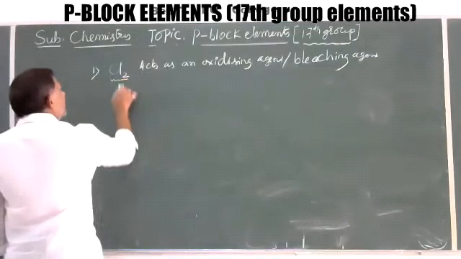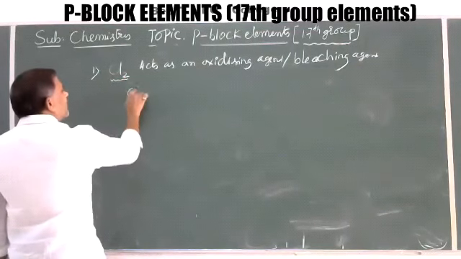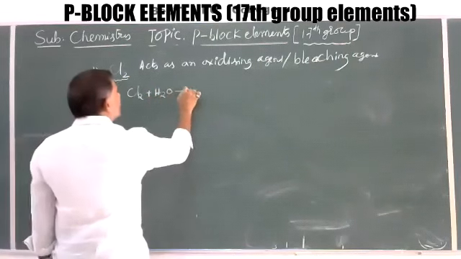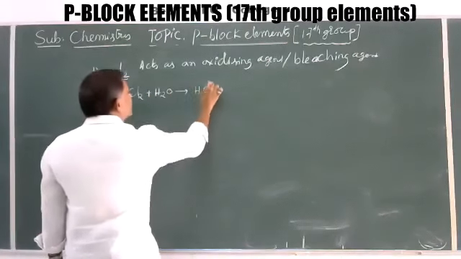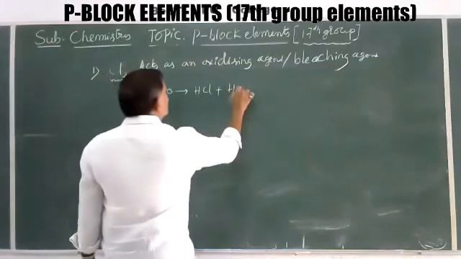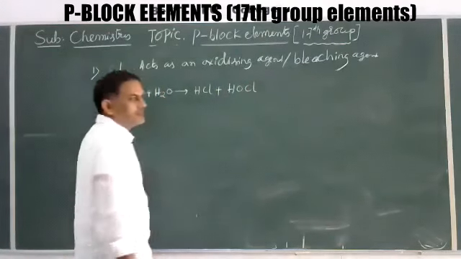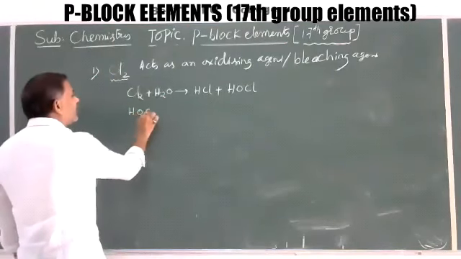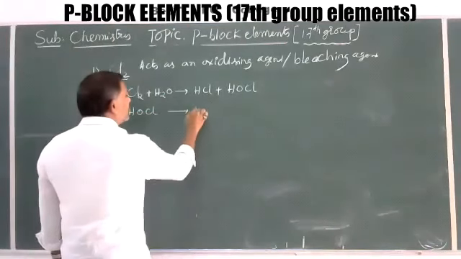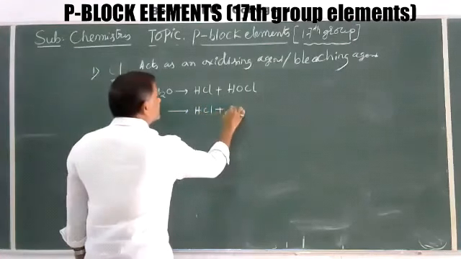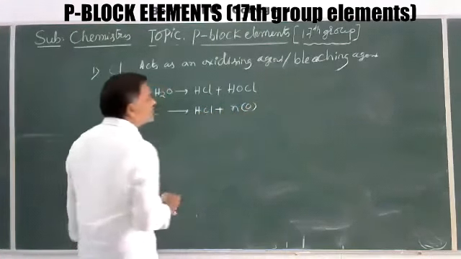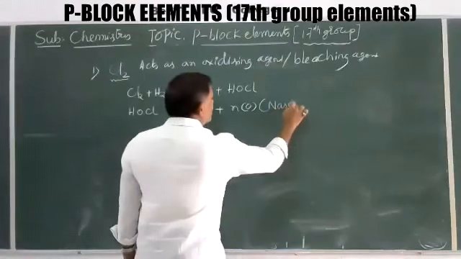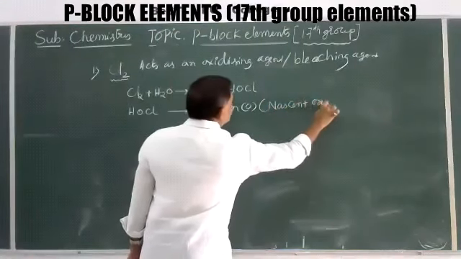In moist condition, like when Cl2 is dissolved in water H2O, it gives HCl plus HOCl. That HOCl again decomposes, it gives HCl plus nascent oxygen. This is freshly prepared oxygen, nascent oxygen.